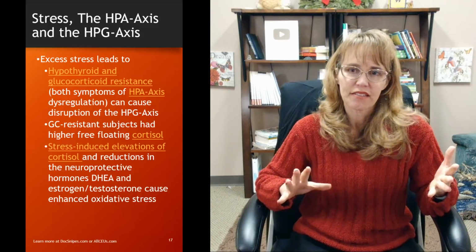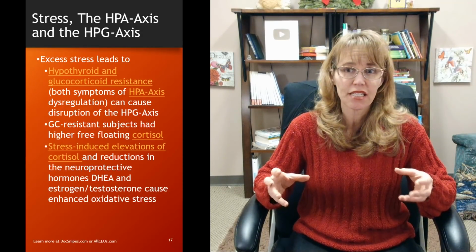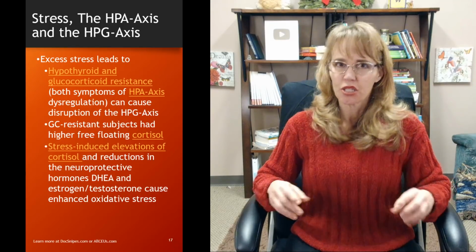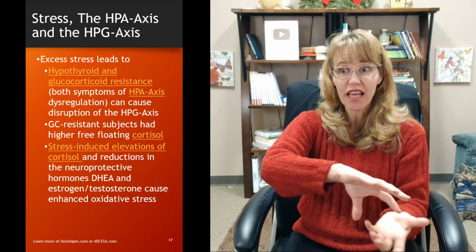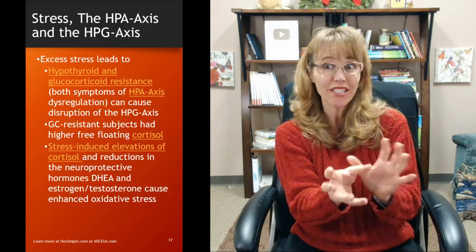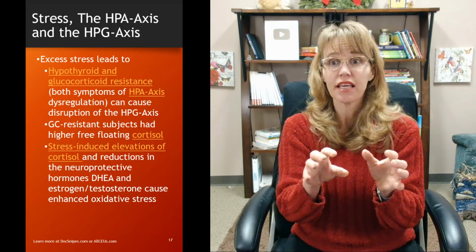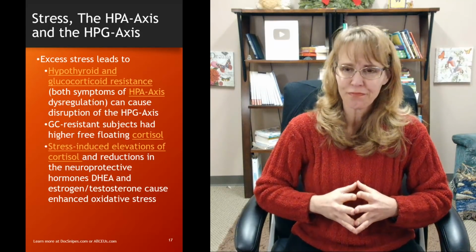Excess stress leads to hypothyroid and glucocorticoid resistance, which are both symptoms of HPA-axis dysregulation. So when somebody is under too much stress for too long and they start to have that HPA-axis recalibration, if you will, then it impacts the thyroid levels. Thyroid levels often go down.